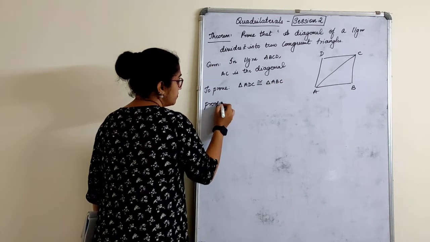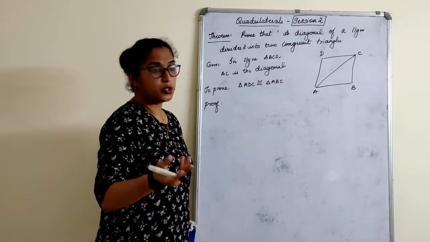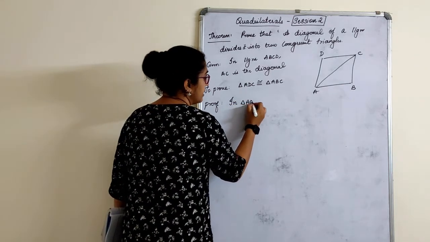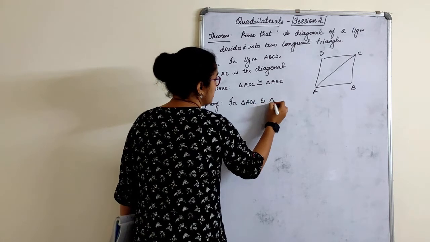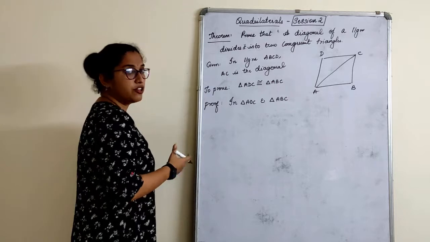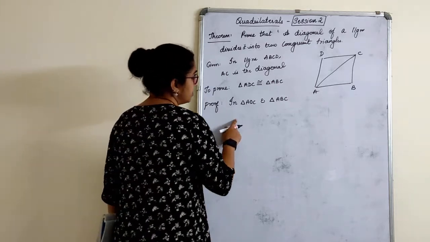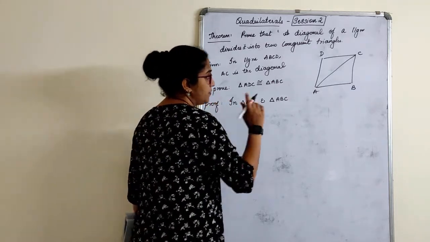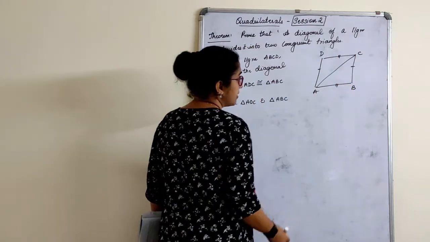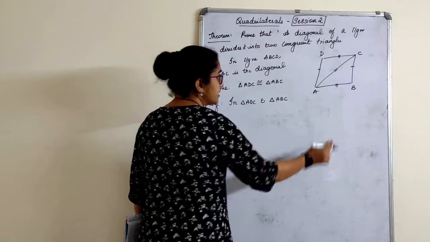Proof. How do we prove that the triangles are congruent? By usual congruency. In triangle ADC and triangle ABC. See, there are a number of ways to prove this, children. First and foremost, it's a parallelogram, so opposite sides are equal, and there is a common side.